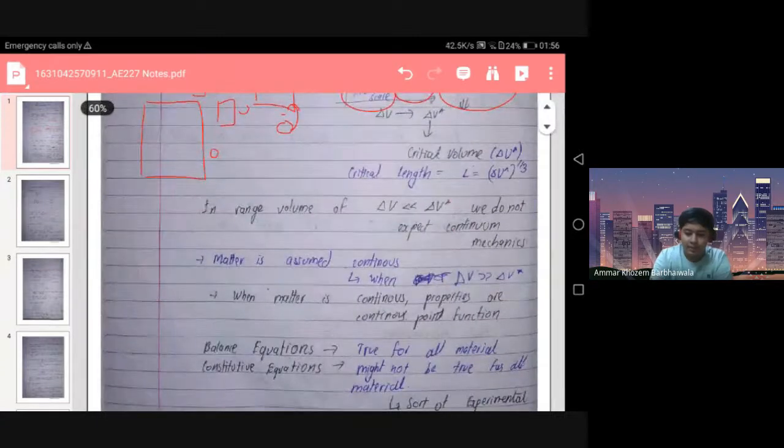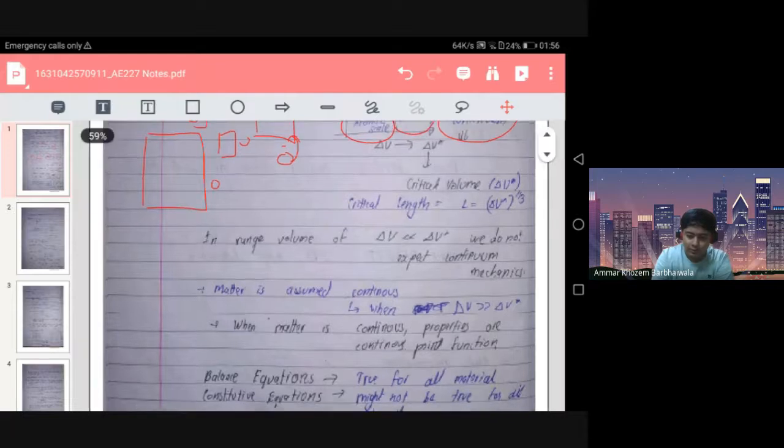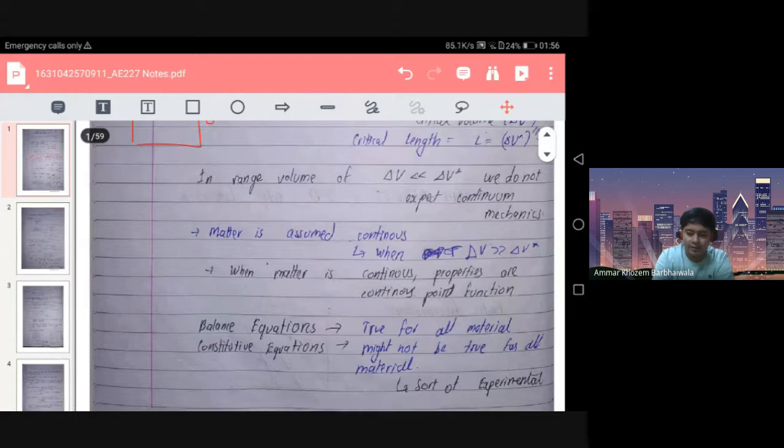In terms of volume range, if delta V is very much less than the critical volume, then we do not expect continuum mechanics to hold.